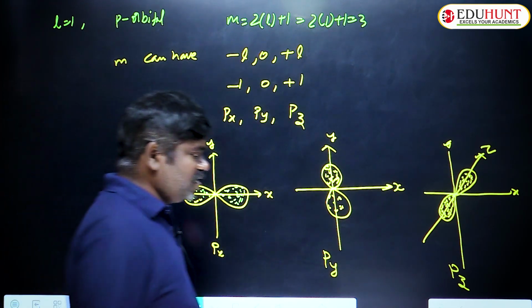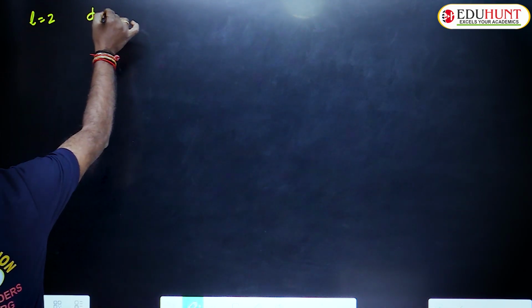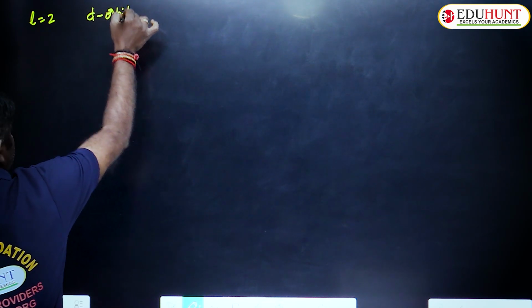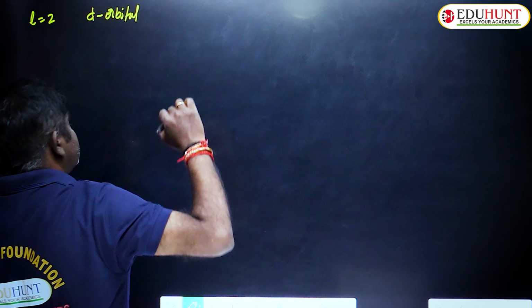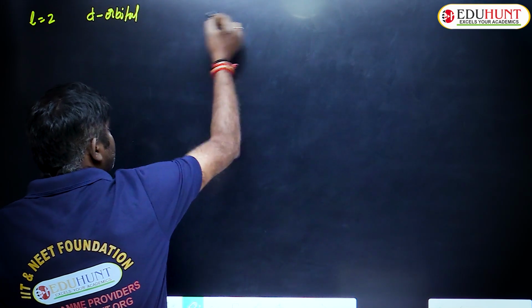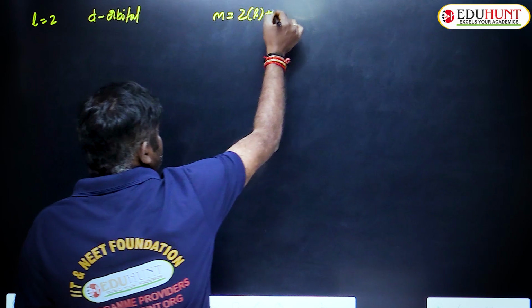Not only this, we can take another example also, that is L is equal to 2, it is known as the d orbital. The total number of orbitals is 2L plus 1.